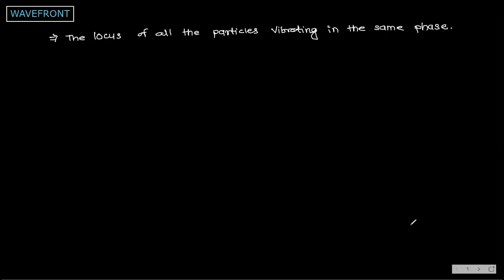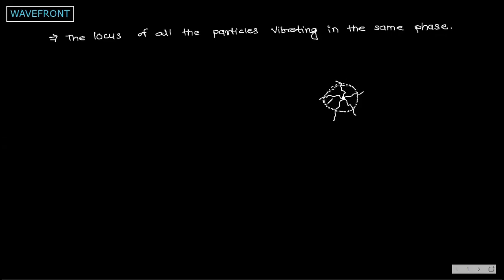So for example, yes, Aditya. The locus of all the particles vibrating in the same phase means, suppose now here you are having a light source and this is the light it is emitting. The light is emitting from this point. So I will take one set of points which are in the same phase.